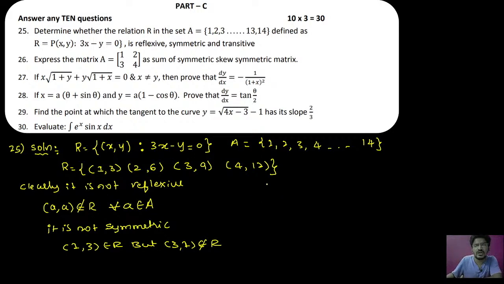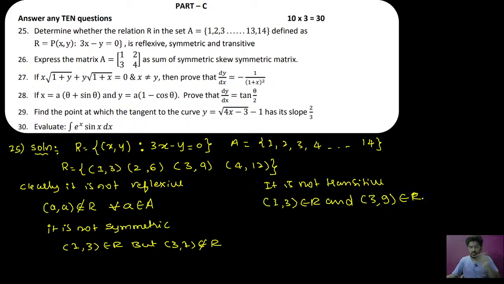Now we can go for it is not transitive. Why is it not transitive? You see 1 comma 3 belongs to R, and 3 comma 9 belongs to R, but 1 comma 9 does not belong to R. Therefore it is not transitive.